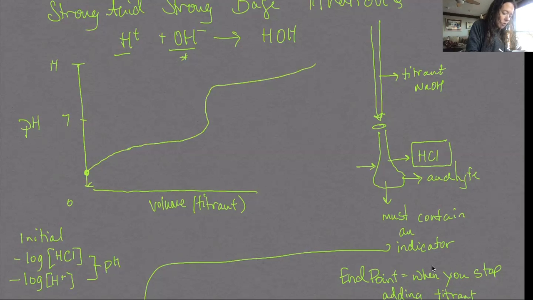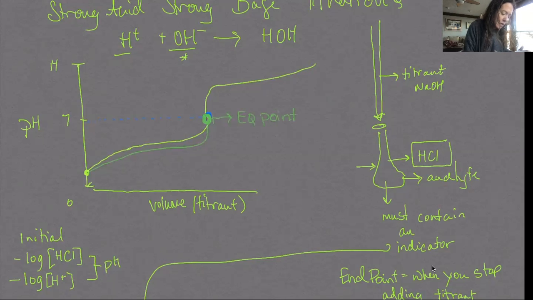And when we have the strong acid, strong base titration, our equivalence point here, the center of this spike, mine doesn't look so perfect. It should, guys, be the center, right? It should be the center here. What we would have is the equivalence point.